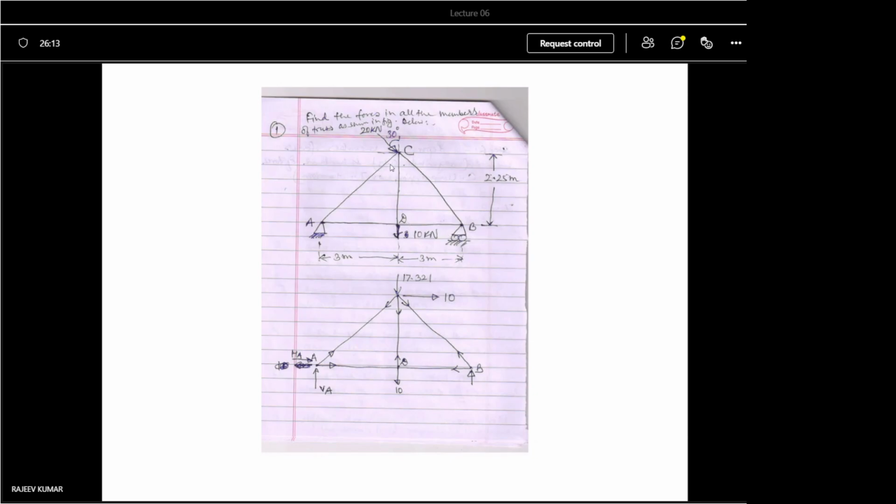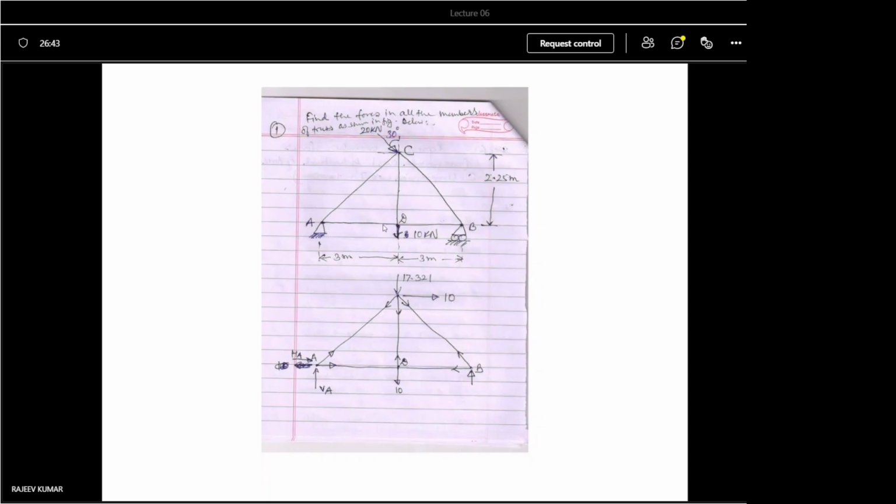And loads are applied only at the joints. See here, loads are applied here, here, here, here. This is the reaction force, which acts as we discussed in the last class. Only at the joints do you have to calculate the force; between the members you do not have to calculate the force.